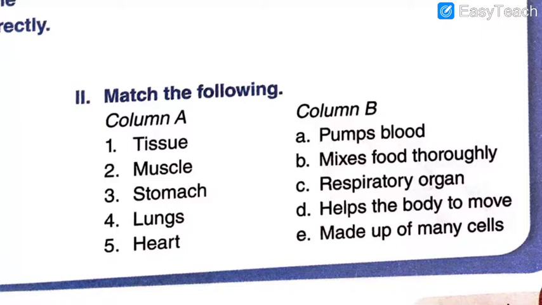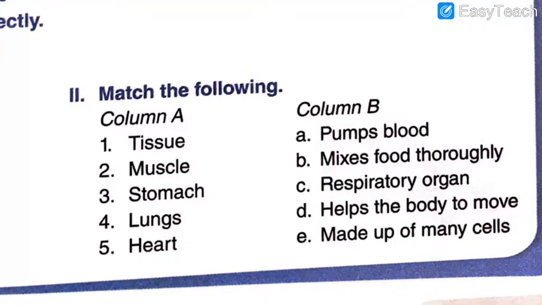A collection of many tissues makes one organ. So this is what the ascending order was, if you remember. So now if you can see, I have matched the pair. You can also do that in your textbook. Tissue will match to made up of many cells.